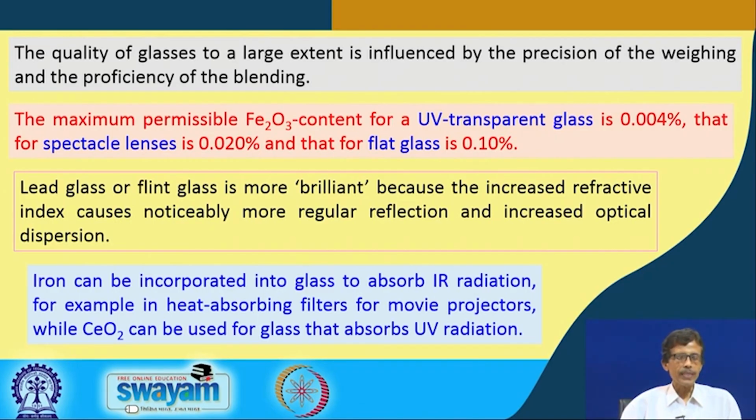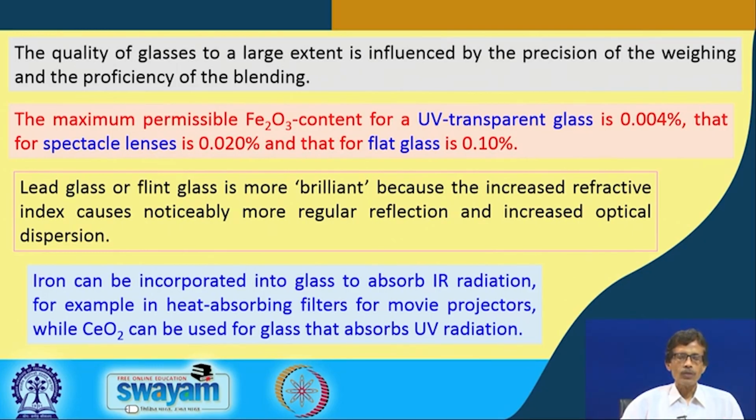For example, in heat absorbing filters for movie projectors. While if we go for cerium oxide, cerium in the tetravalent state, cerium is a lanthanide group element, cerium oxide can be used for glass which absorbs UV radiation.